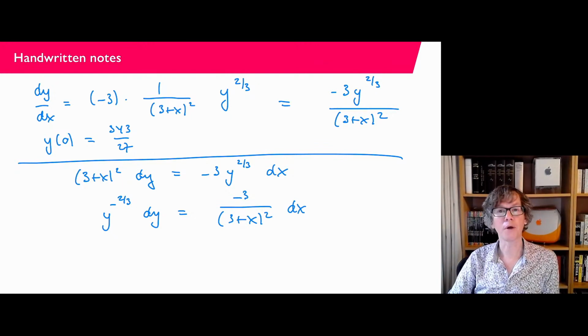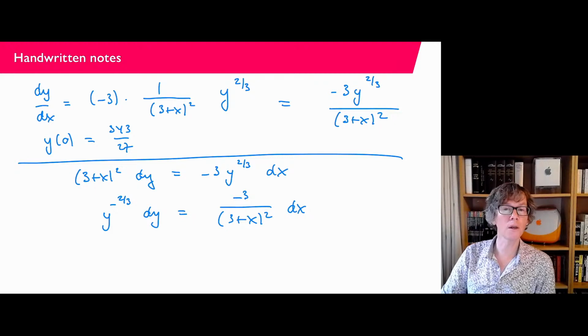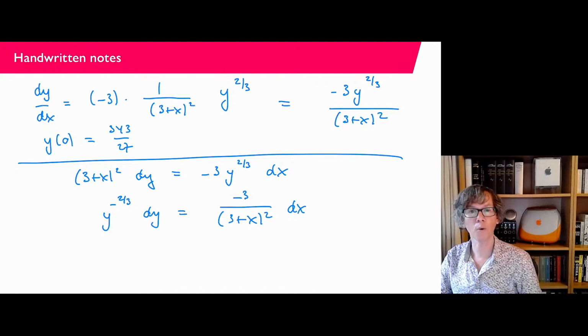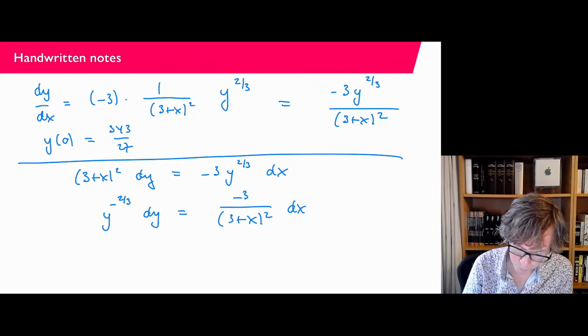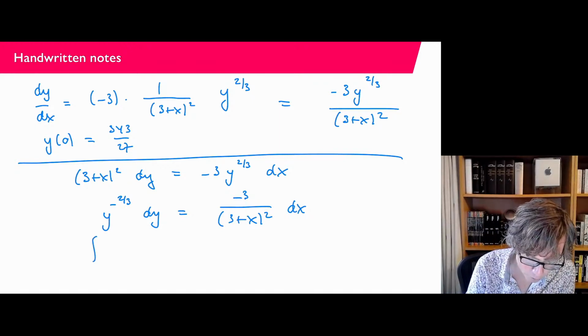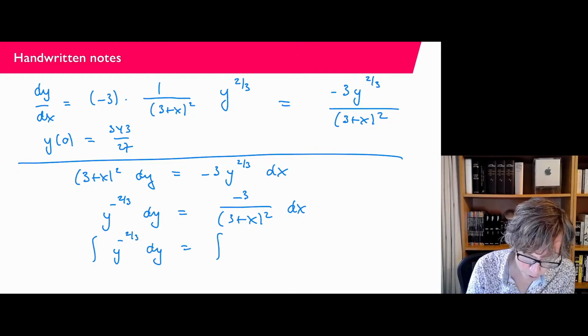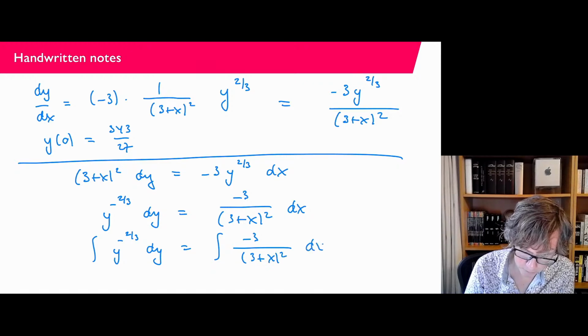Let's now integrate on both sides of the equation, because the left side only depends on y and the right side only depends on x, so I can do the integration. So the integral of y to the power minus 2/3 dy equals the integral of minus 3 over 3 plus x squared dx.